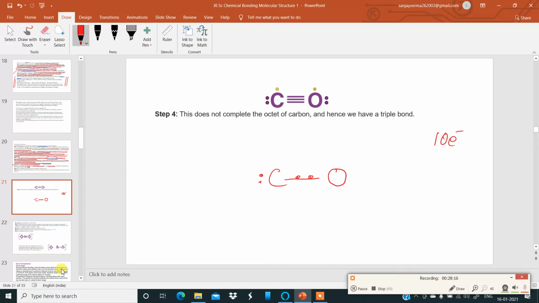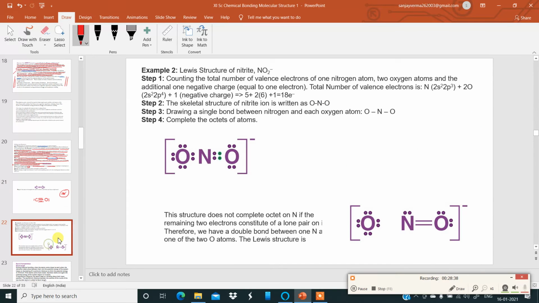Another 2 electrons like this, another 2 electrons over here. So 1 2 3 4 5 6 is done. Then 7 8 9 10. That is how we draw the Lewis structure of the carbon monoxide molecule. So the total number of electrons in the bonding and the lone pairs should add up to 10 electrons altogether.